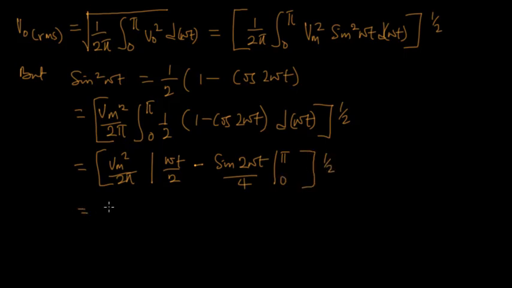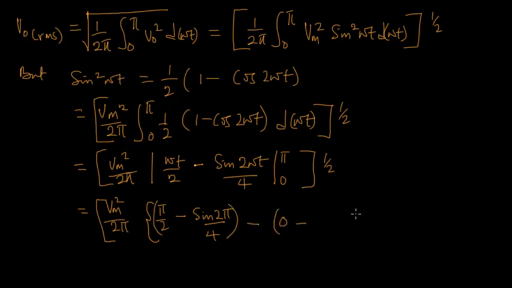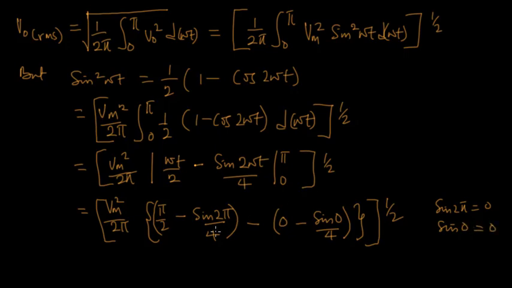And that will be equal to Vm square over 2 pi. Substituting our limits, we have pi over 2 minus sine 2 pi over 4, minus 0 minus sine 0 over 4, raised to power 1 over 2. Of course, sine 2 pi is equal to 0 and sine 0 is equal to 0.